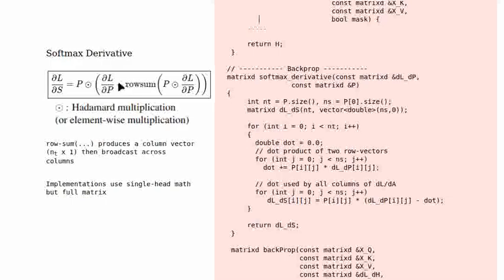That means each column of this column vector is subtracted from dL/dP. That's what this formula means. So this row sum is basically the dot product of two vectors.